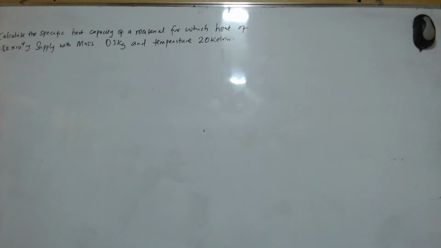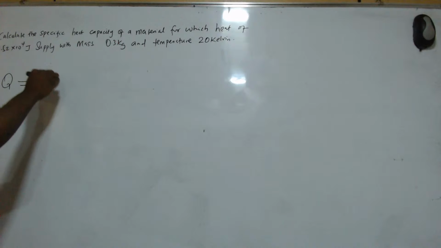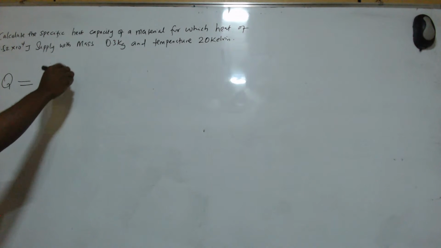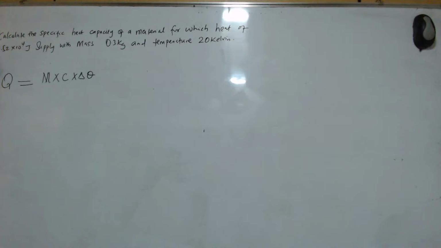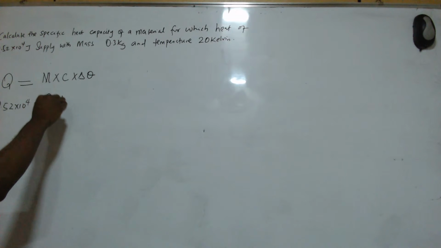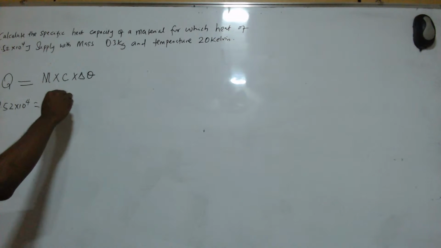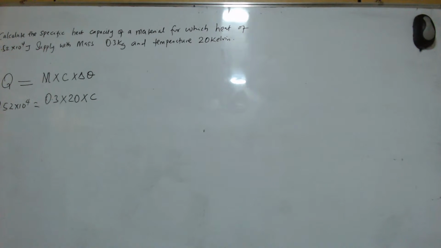So we're told to calculate, so we know that the quantity of heat supplied to this material, we don't know the material, is equal to the mass of the material times the specific heat capacity times the change in temperature. In this case, the quantity of heat, the mass of the material was 0.3, multiplied by the change in temperature 20, multiplied by the specific heat capacity. That's what we are looking for.